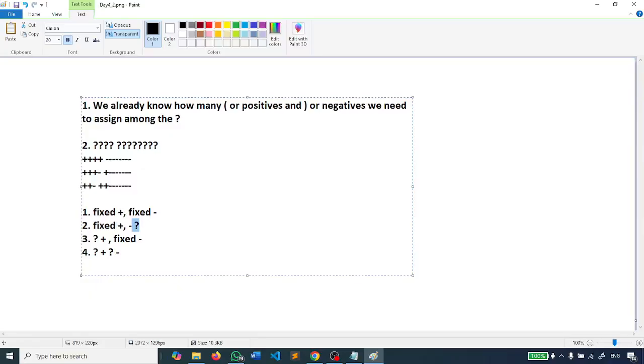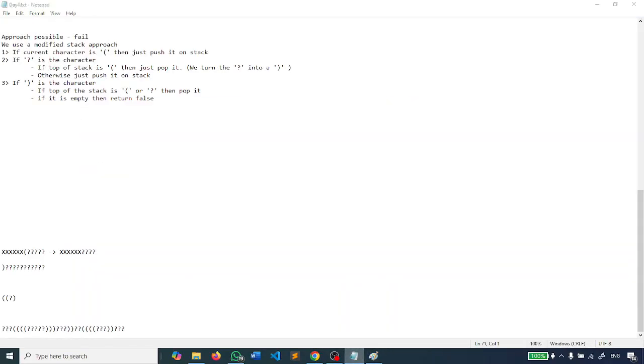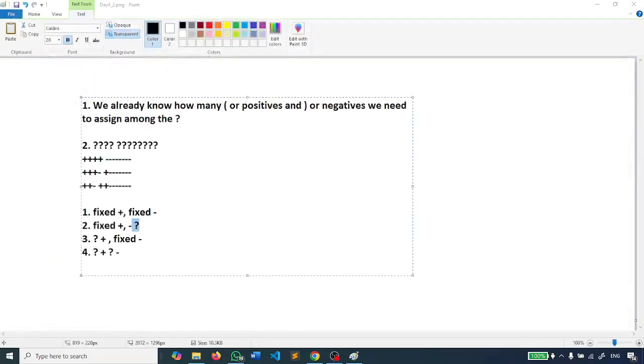So with this, now let's talk about our implementation. There is some implementation detail, so let me take another notepad and write the solution in that. Just a moment.